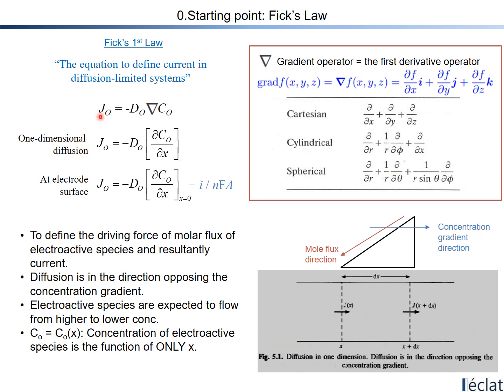Therefore, this generalized equation is simplified into this second line. The mole flux of oxidized species is equal to minus the diffusivity times the derivative of the concentration of oxidized species with respect to x. So that is the gradient of the concentration along x.